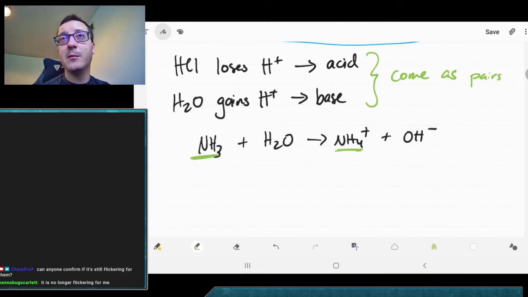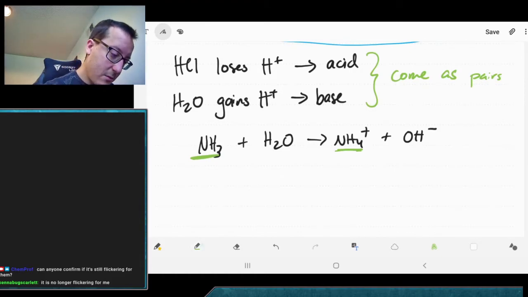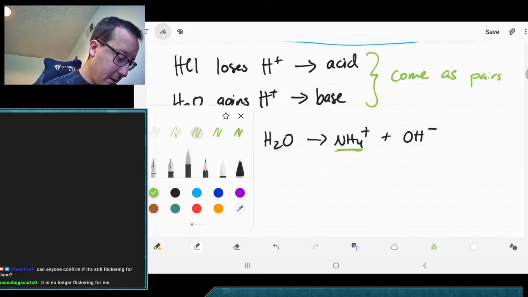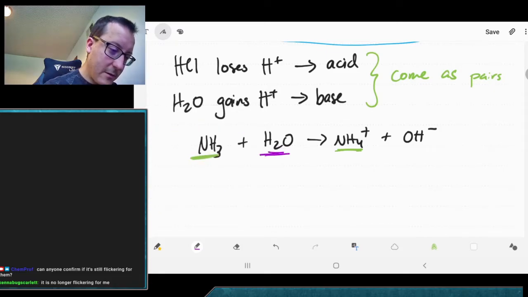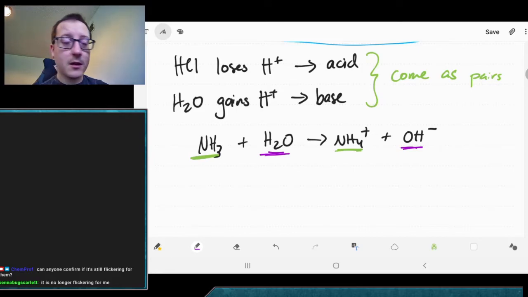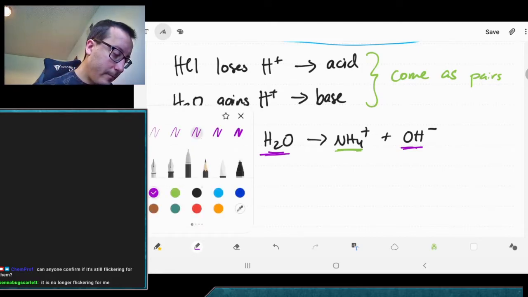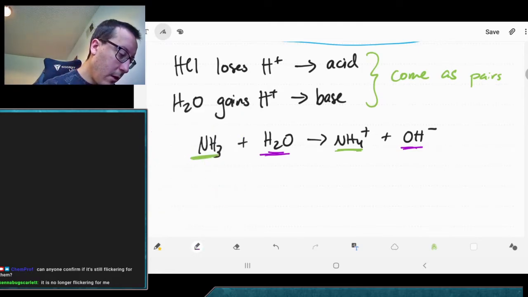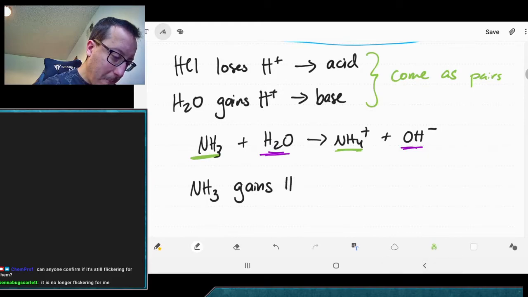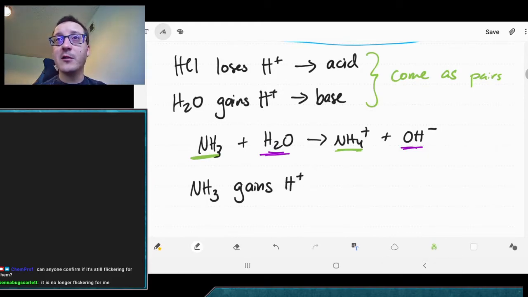We see that ammonia is more similar to ammonium than it is to hydroxide, and water is more similar to hydroxide. Here we can see that ammonia will gain H plus over the reaction.